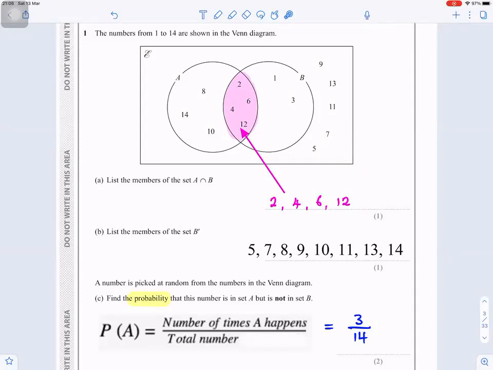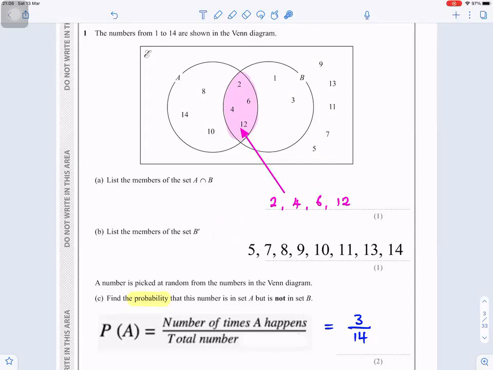Part B, list the members of the set B dash. So B dash, or B prime, means all the things which are not in B. It is written like that, B with that dash or prime next to it.